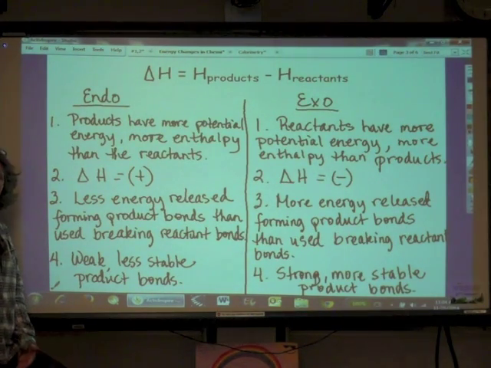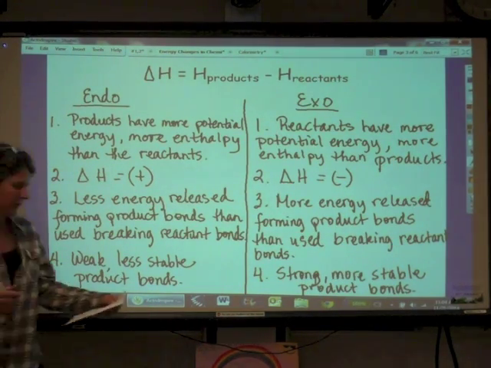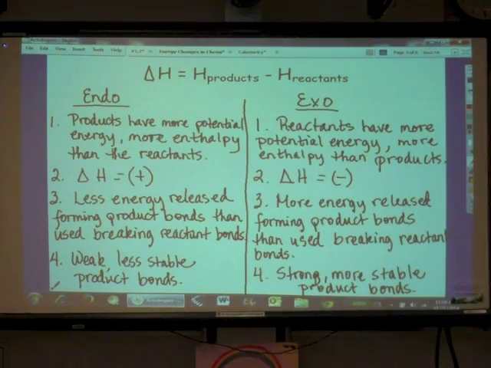The more stable, the stronger the bond, the less potential energy they have, the less enthalpy they have. This is incredibly counterintuitive, but we'll talk about it in class. So weak bonds actually store more energy, believe it or not.